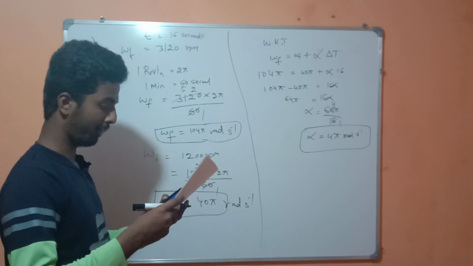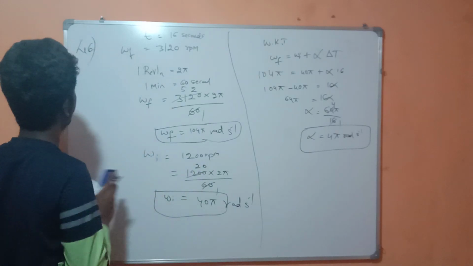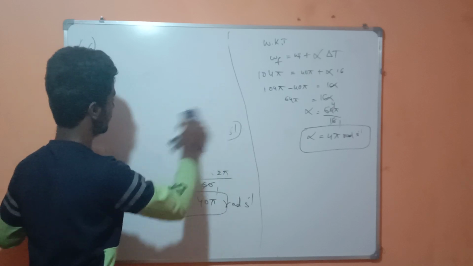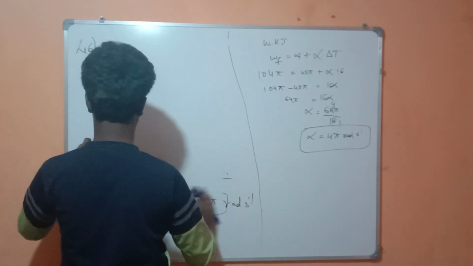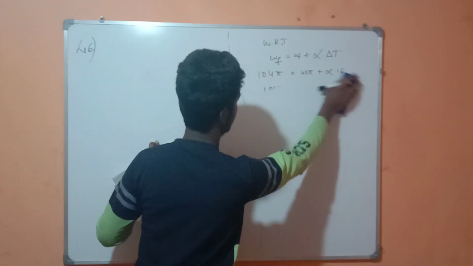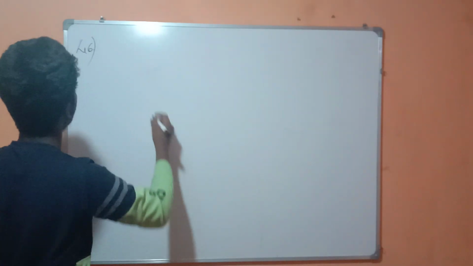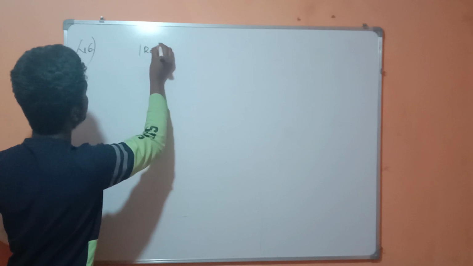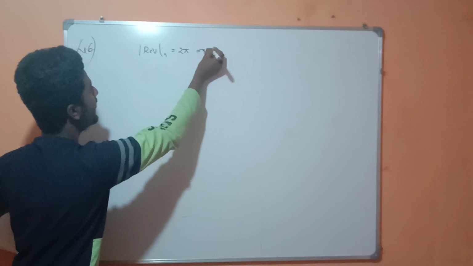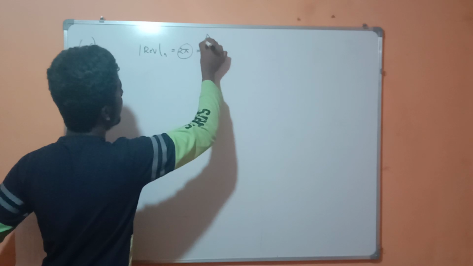Next, what do we have to do? Children, you all know that one revolution is equal to 2 pi, and 2 pi means 360 degrees. Children, we should find delta theta here.